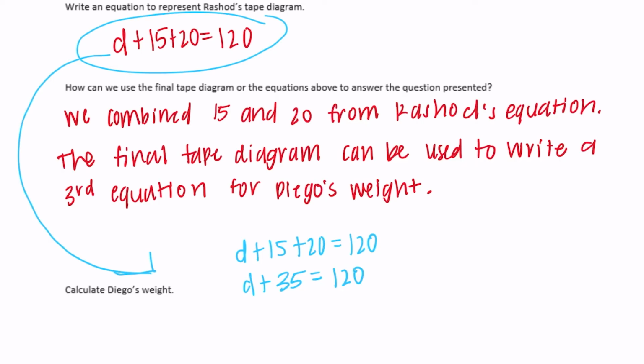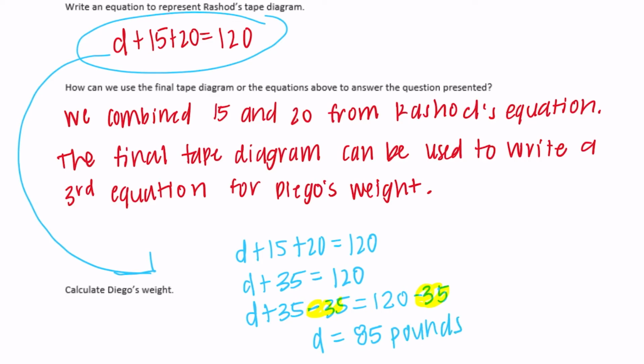So in order to get D alone, we need to subtract 35, but what we do on one side, remember, we must do on the other. So we have minus 35, otherwise it's the same exact equation. So D will be equal to 120 minus 35, which is equal to 85. So Diego is equal to 85 pounds.